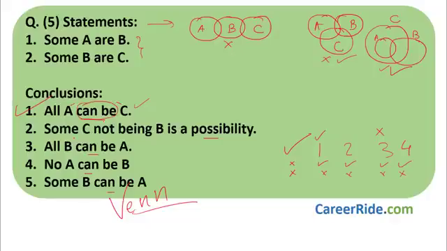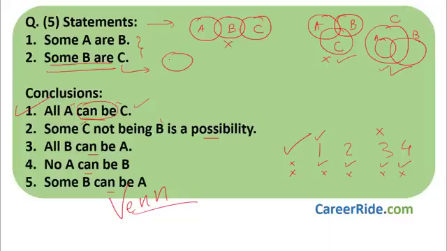Next conclusion: some C not being B is a possibility. Here we know some B are C. Obviously, common sense says that if some of the B are C, then we can write some C is not B. Here the relation between C and B has been asked, and we get the relation directly from the statement.